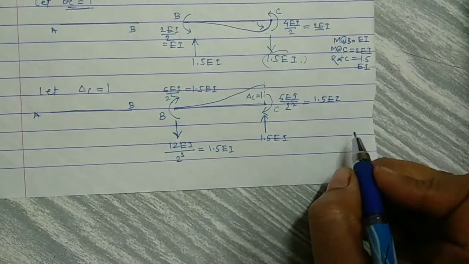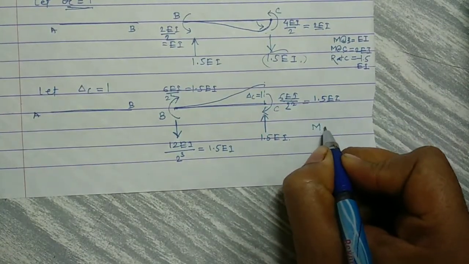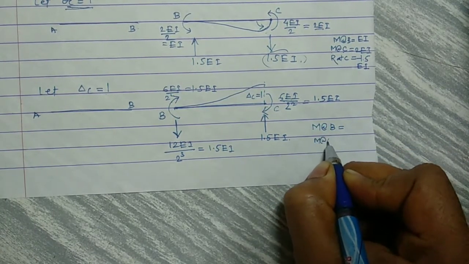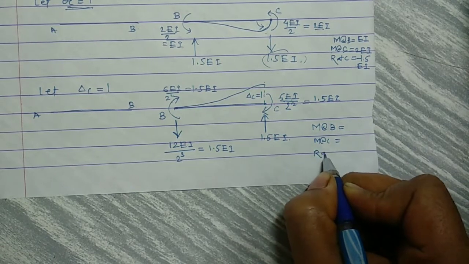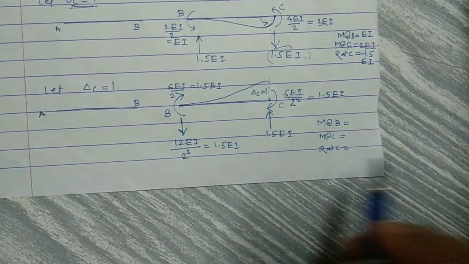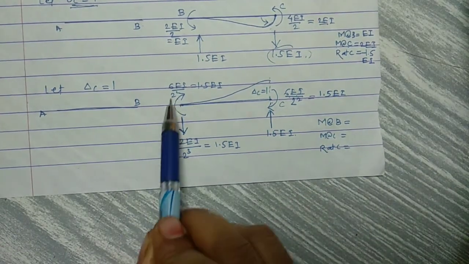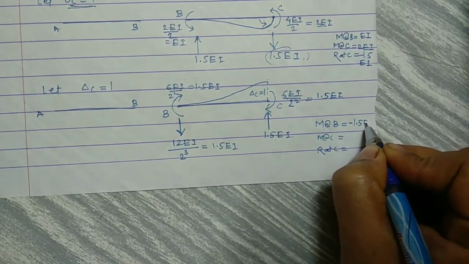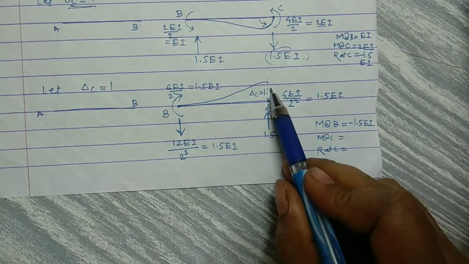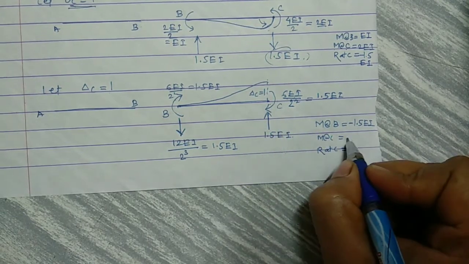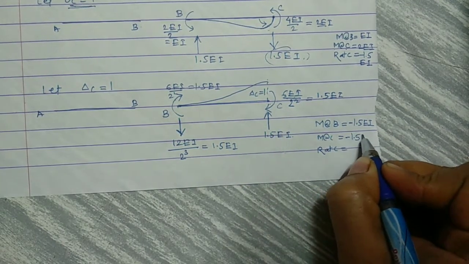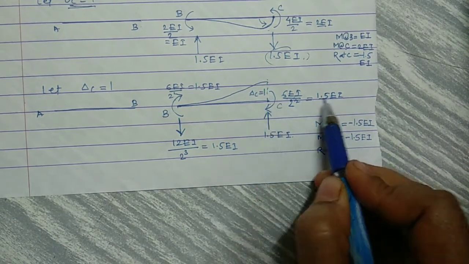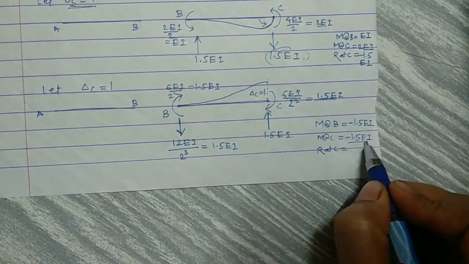Now the remaining is the third figure, delta C equals 1. Again I'll write the first element, moment at B, moment at C and reaction at C. Moment at B, this 1.5 in the clockwise direction, so minus 1.5 EI. Sorry, moment at C, 1.5 in the clockwise direction, minus.